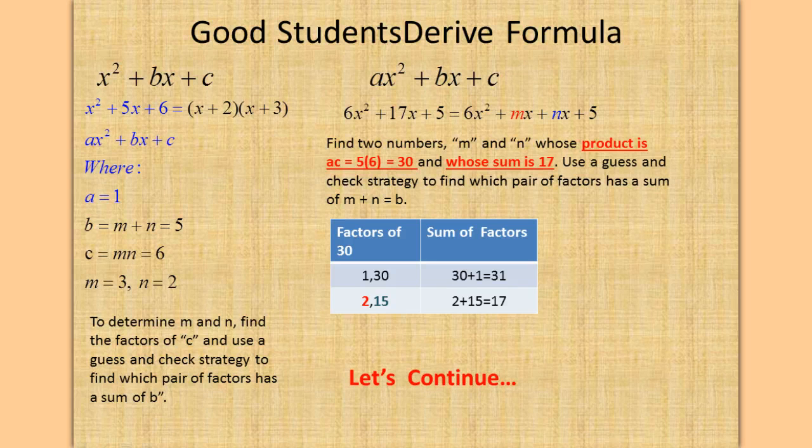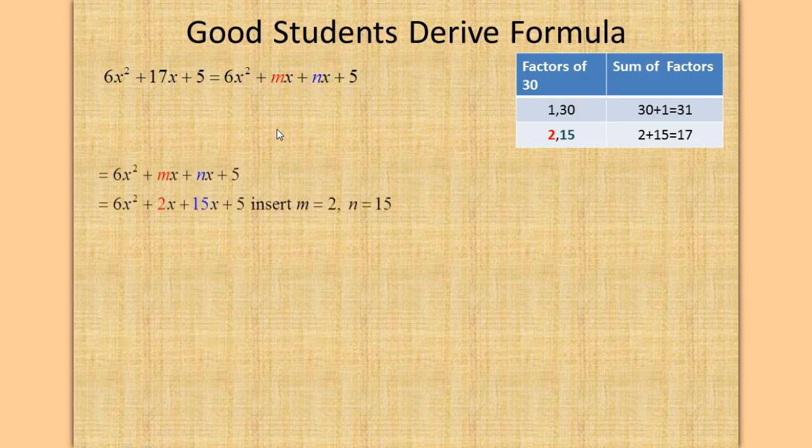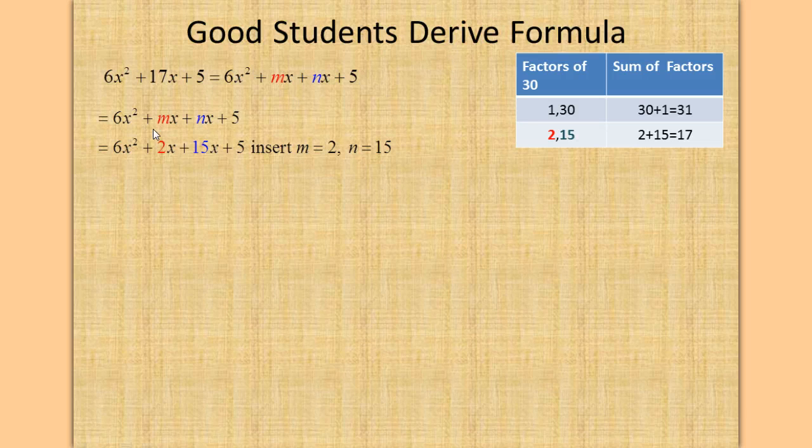So let's continue. We have our original equation and our factors: 6x squared plus mx plus nx plus 5. And we see here that the factors of 30 that fit our equation are 2 and 15. So we plug in our 2 and our 15.